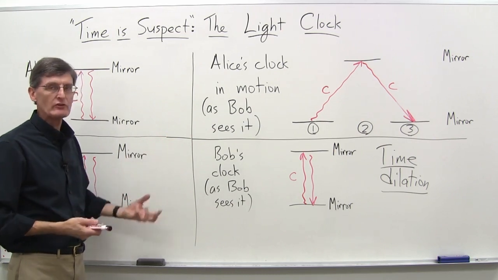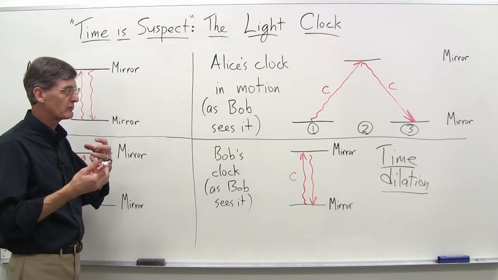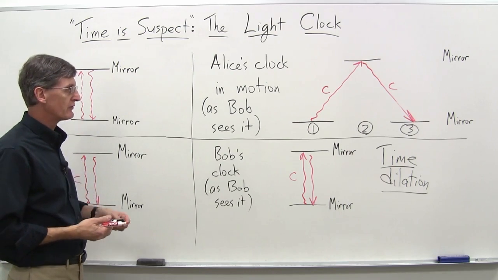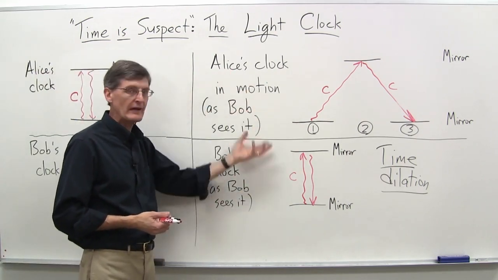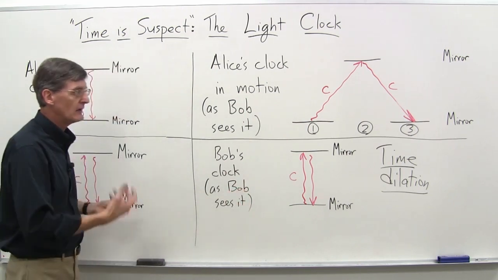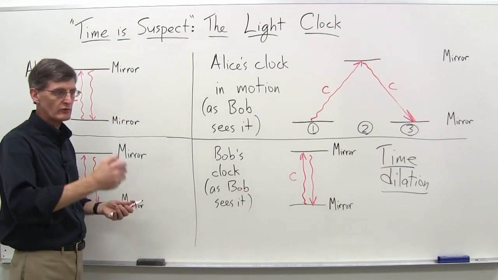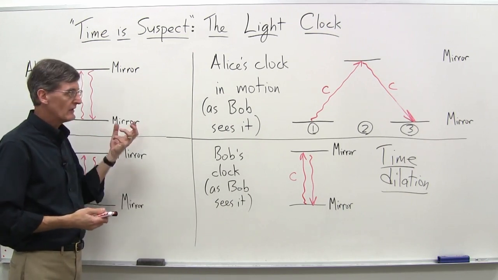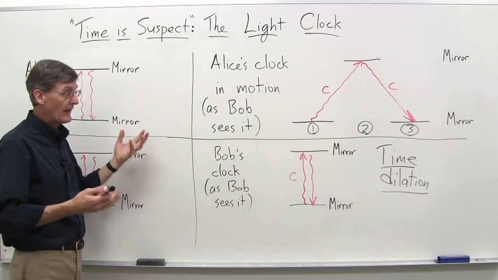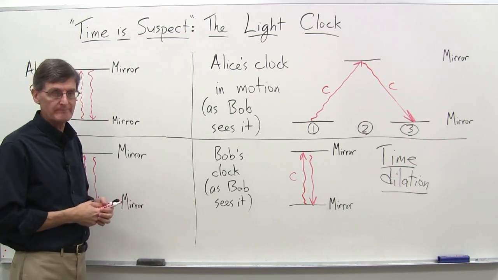Otherwise, we'll get a violation of the principle of relativity. So if the principle of relativity is true, we will see that given this behavior of this somewhat special light clock setup, then any clock, no matter whether it's a spring-driven watch or a pendulum clock, has to run the same way.